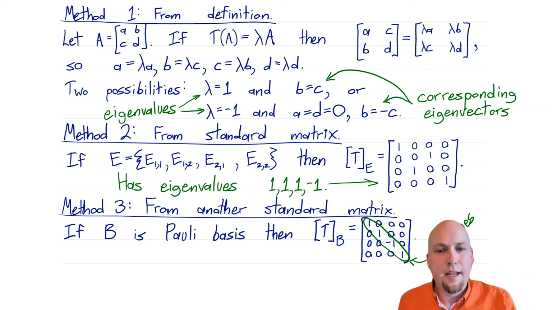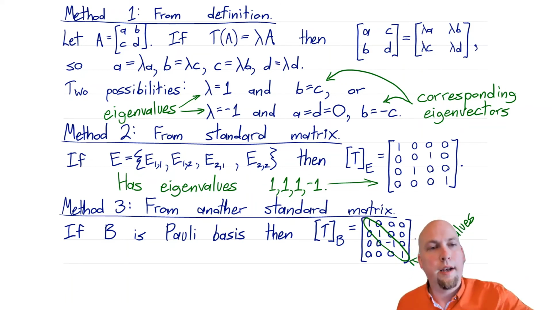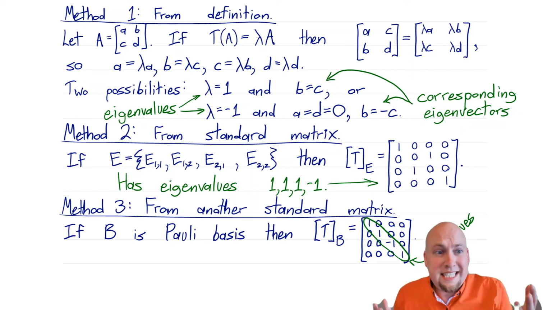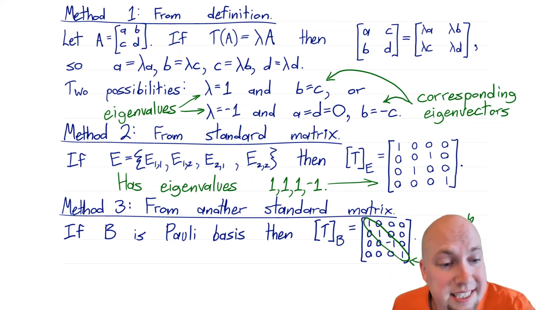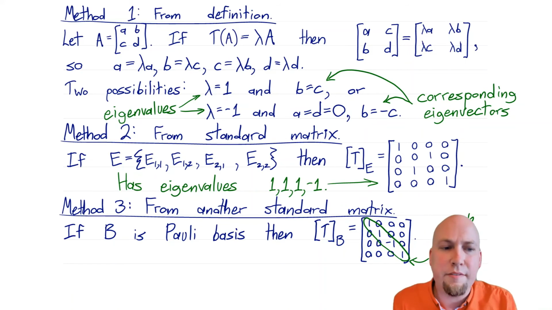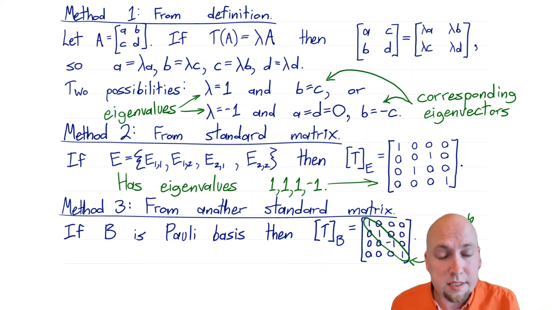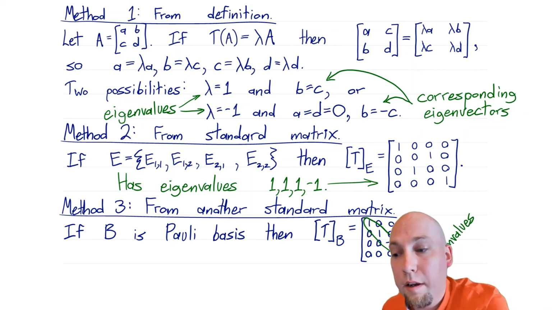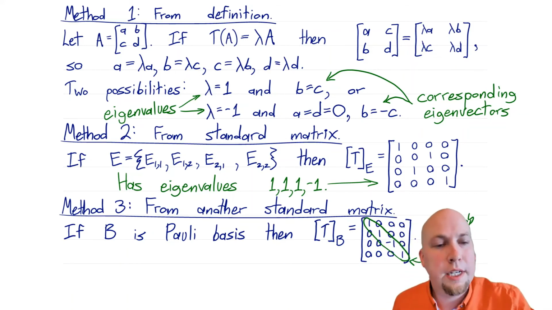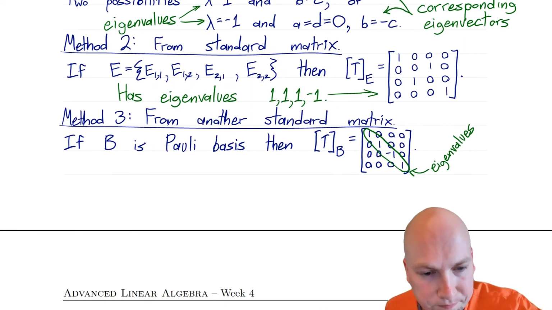So again, we get eigenvalues 1, 1, 1, and -1, which is exactly what we would expect. Even though the matrix representation is different, all of the important properties of it are going to be the same. In particular, eigenvalues are going to be the same. All right, so we have a whole boatload of ways that we can compute eigenvalues of linear transformations on finite dimensional vector spaces now. All right, great.